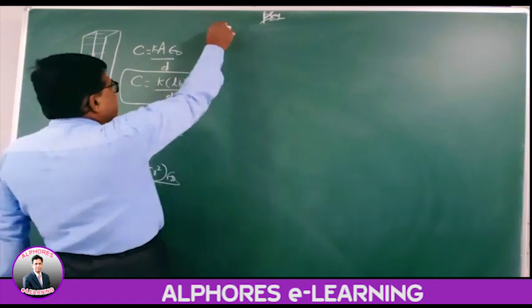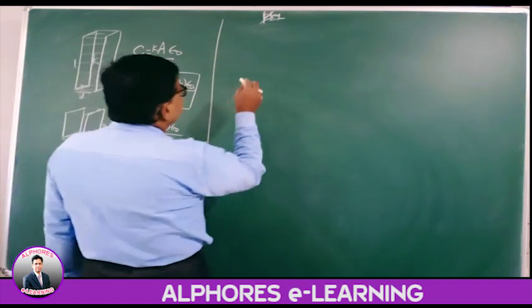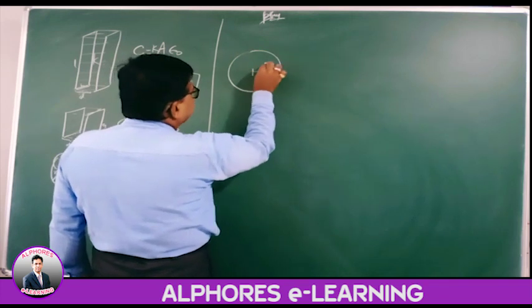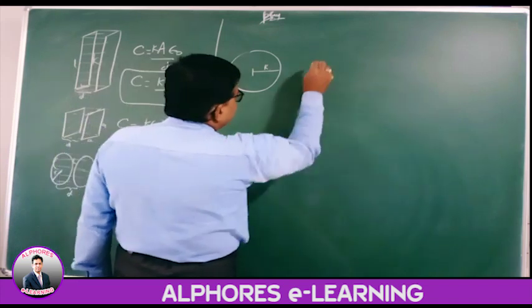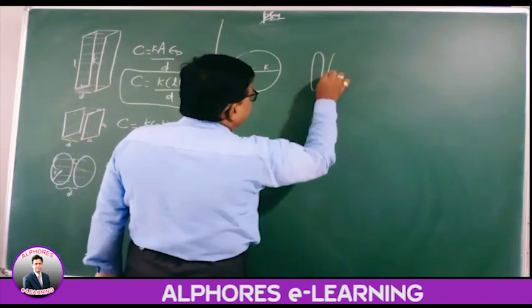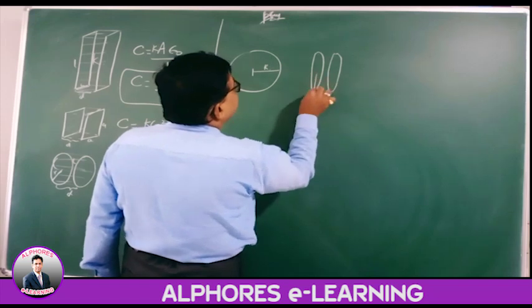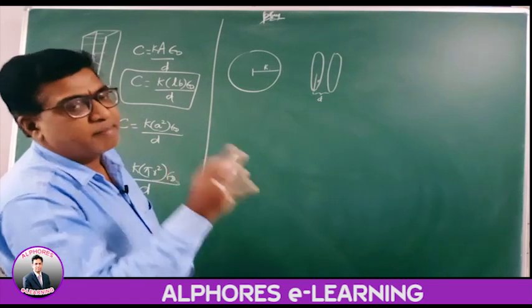Now a question was asked based on this in an earlier entrance exam. A simple spherical conductor of radius R and a parallel circular plate capacitor with plate separation D and radius small r are both having the same capacity.